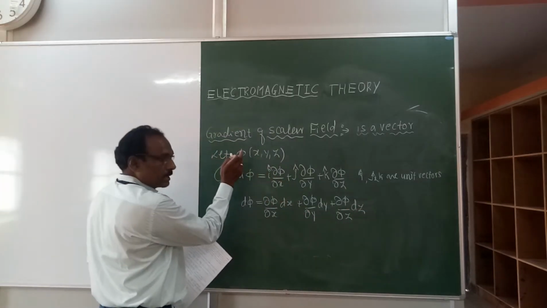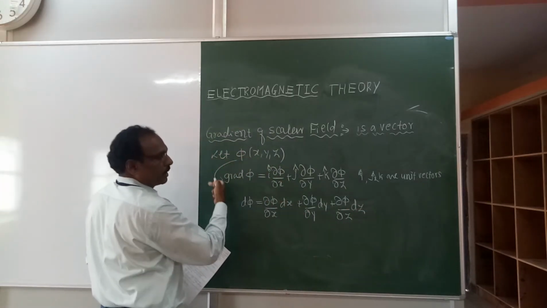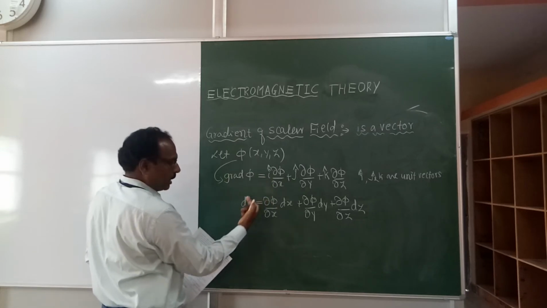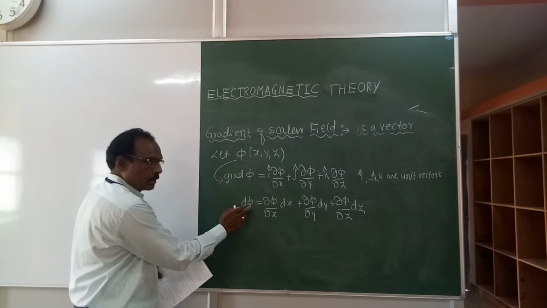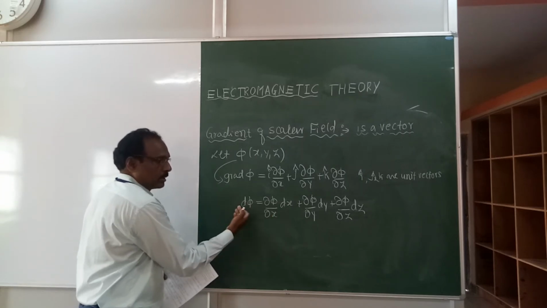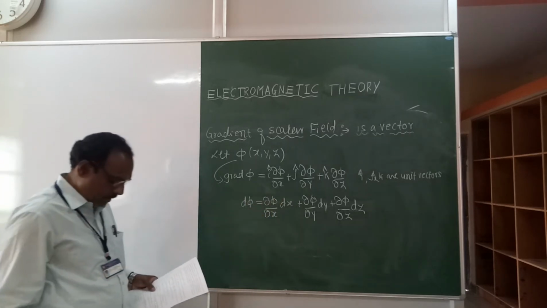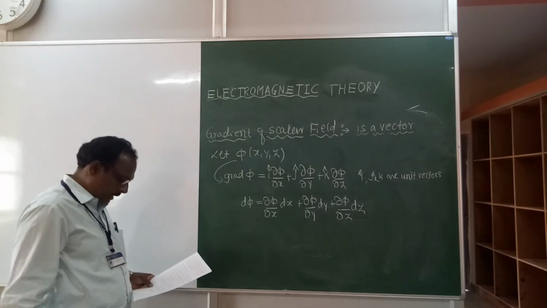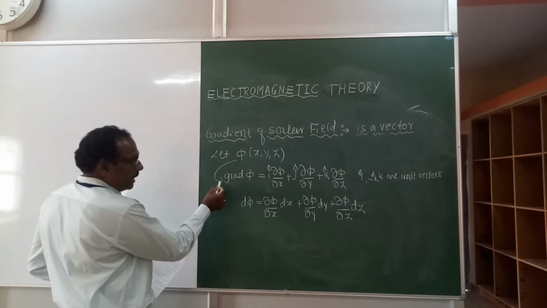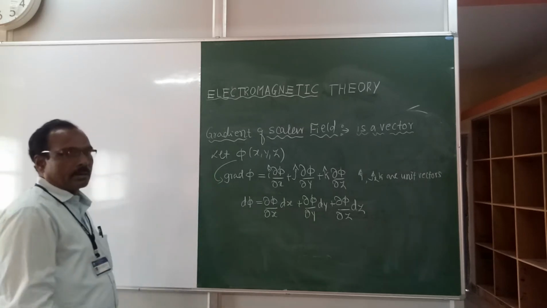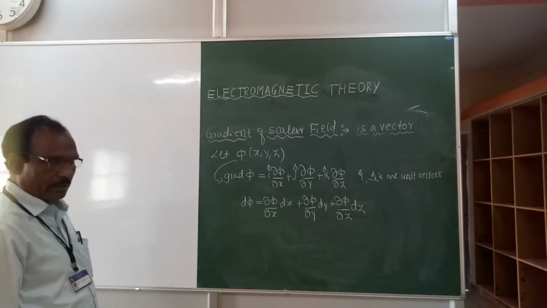This function is a scalar function which we have defined as a vector, and this is its differentiation. Hence we can say the gradient of a scalar is a vector.